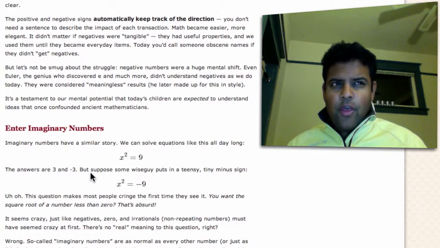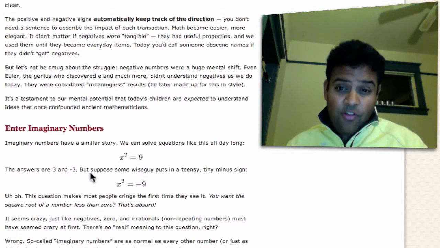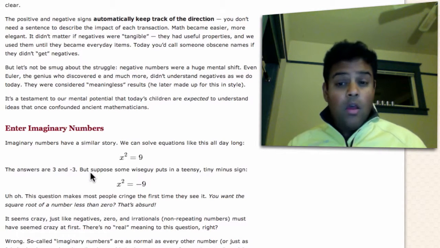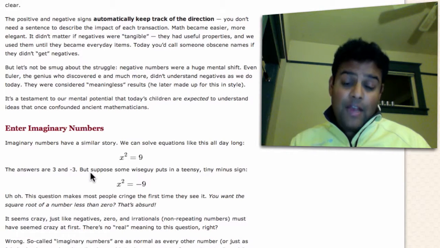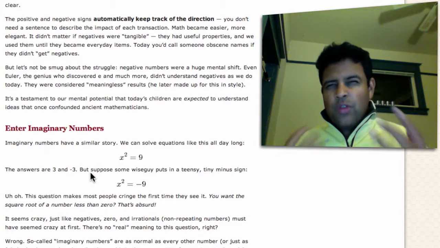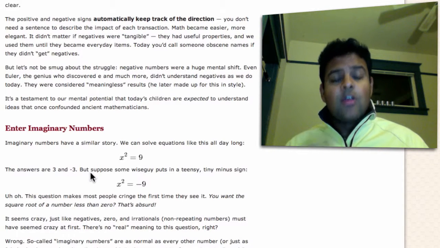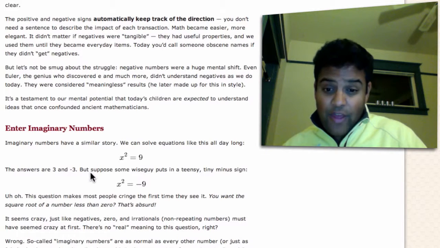So the question is, okay, what x would give us 9 after applying it twice? Well, if we have 3, we go from 1 to 3, and 3 to 9. Or if we have -3, we go from 1 to -3, then -3 to 9. So the idea is, okay, what transformation, what sort of change when we apply it twice could get us to 9. And that's sort of what x squared equals 9 represents.